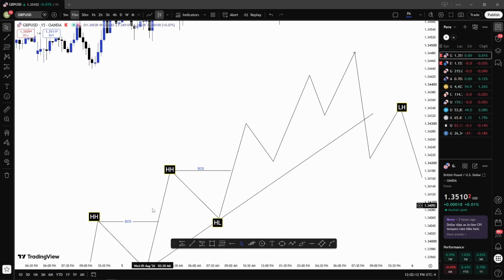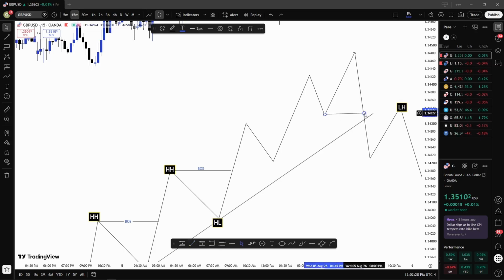For example, if you take a look at this market right now, here is the uptrend, and throughout this uptrend you can see the market keeps taking out the higher highs, but then you get to this point where the market takes out the higher low. You see this point where the market takes out the higher low here, then we say the market has created a change of character.